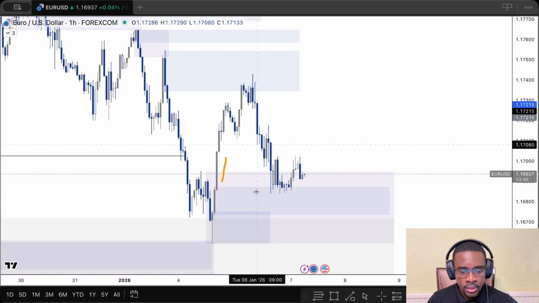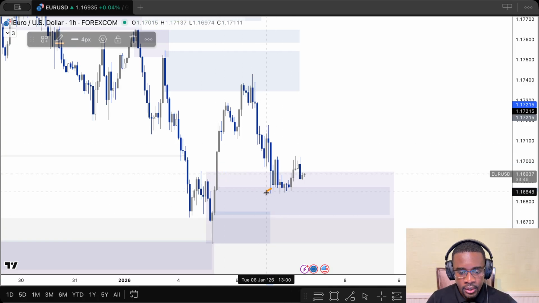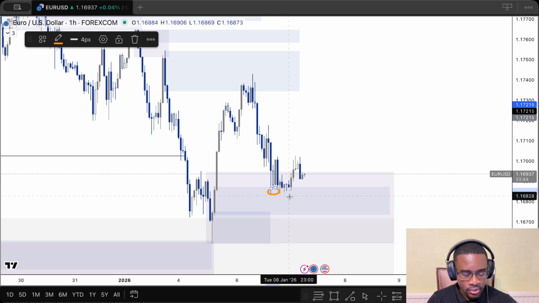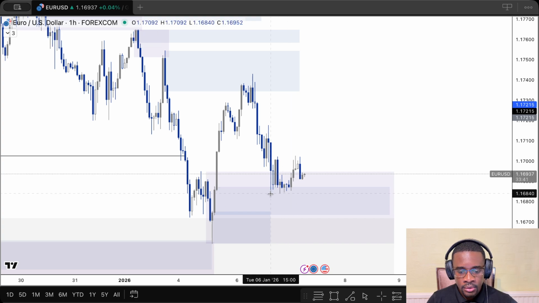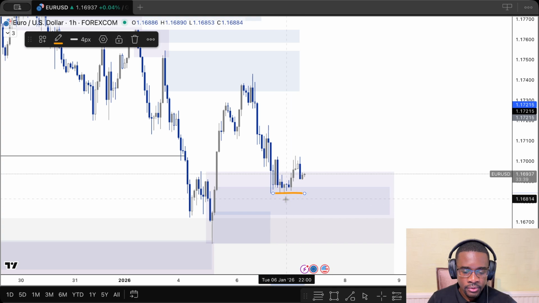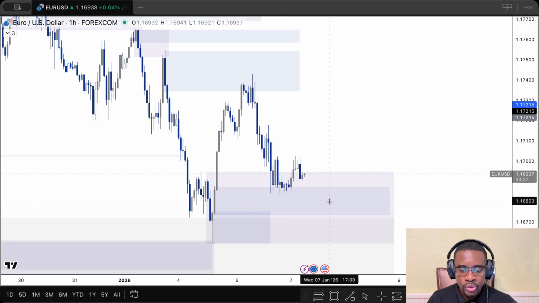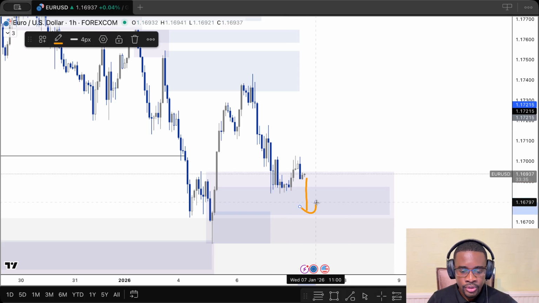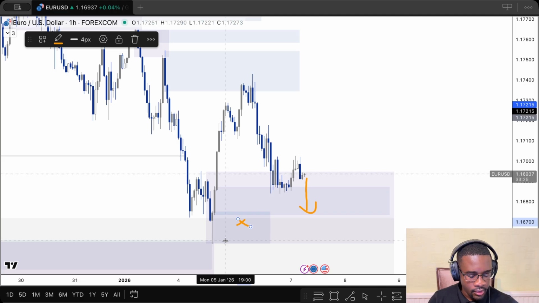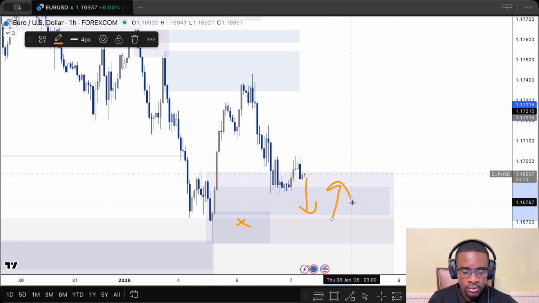Okay, candle before the large imbalance, and we can see it's a bit of a reaction, and now we have created relatively equal lows right there. So we could expect price to push in a bit deeper and maybe mitigate the extreme of the range, before price actually starts to push up.